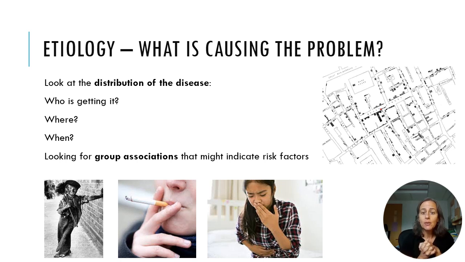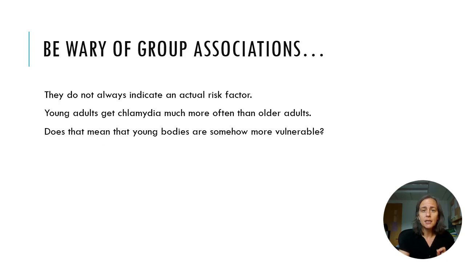So again, right, he did the who, the where, and the when, and it was all part of the same outbreak. So figuring out where things are happening, who is being impacted, and when, and looking at those patterns can help you identify, I might be onto something here in terms of what's causing it. But we have to be careful because these are just hypotheses.